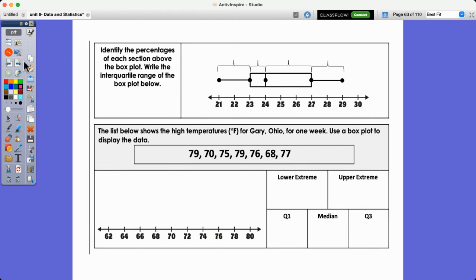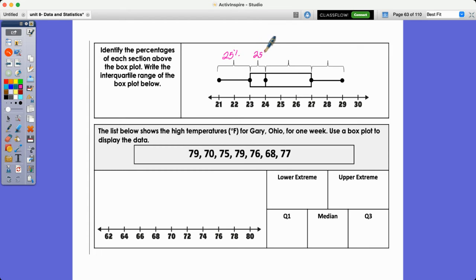Okay, let's look at this one. It says identify the percentages of each section above the interquartile range of the box plot below. So each section is what percentage? We just talked about this. They're all 25%.